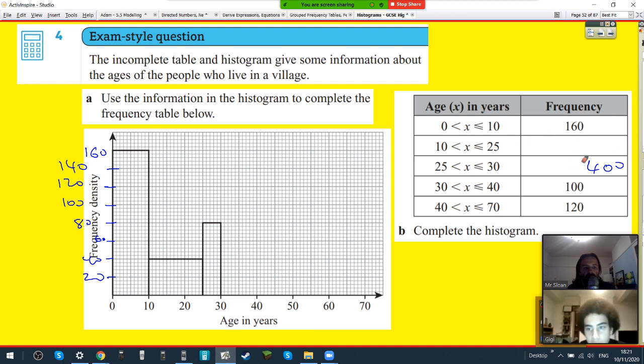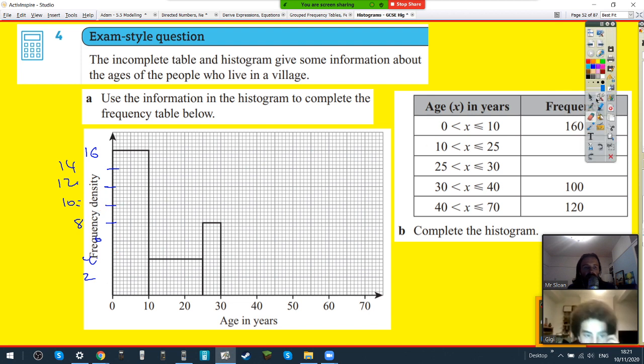That would be 16. Yes. All right. There we go. And that makes that, yeah. So this one, it's not 400. It would be 600. That'll be 40. 40, that's it. And then part B.